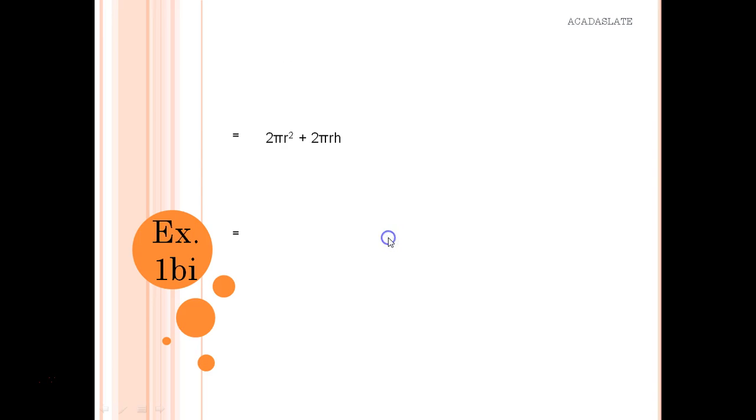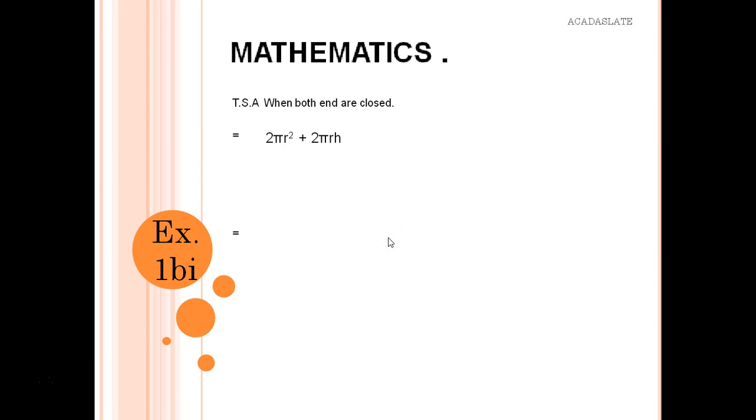Alright, the next one is to find the total surface area when both ends are closed. If you can recall, when both ends are closed, the total surface area of the cylinder becomes 2 pi r squared plus 2 pi rh.